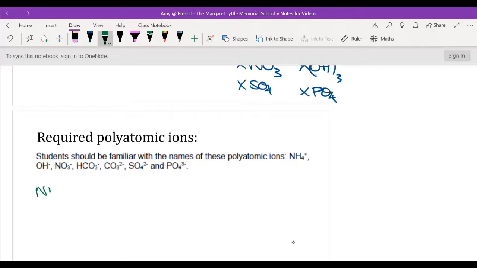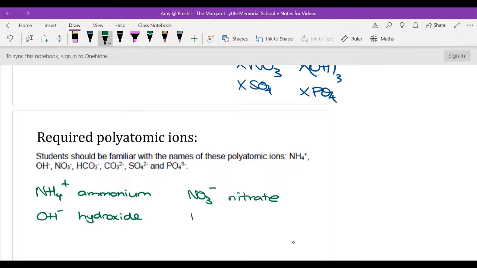So NH4+ is ammonium. OH- is hydroxide. NO3- is nitrate. HCO3- is hydrogen carbonate.